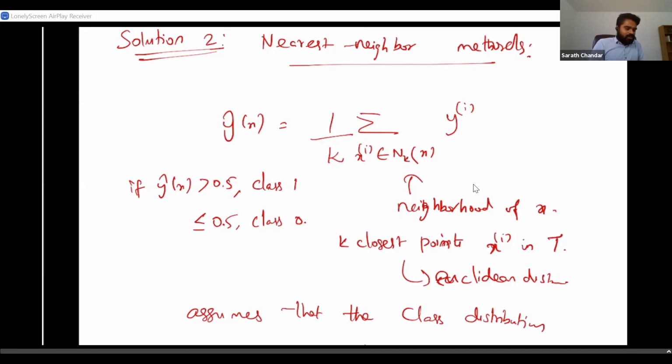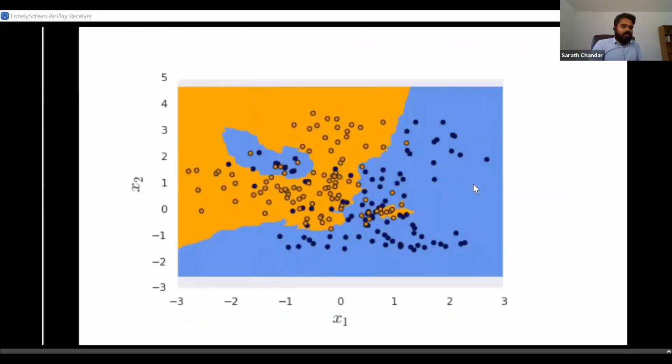Now let's see what happens when I choose k equal to 10. When I choose k equal to 10, you can see that we can start seeing really complex decision surfaces, which was previously not possible with linear models. There's an orange region, and within the orange region there's a small blue region, and so on.